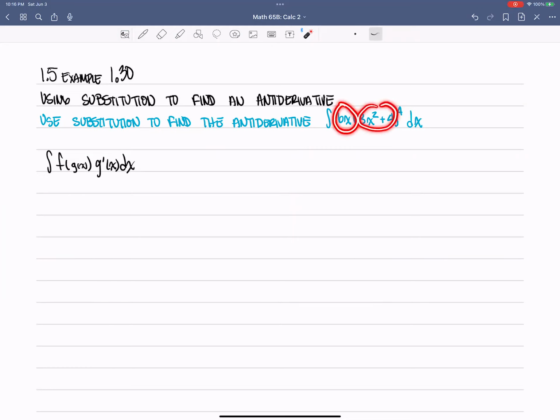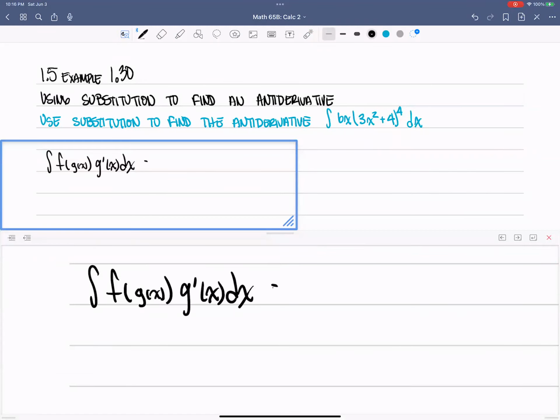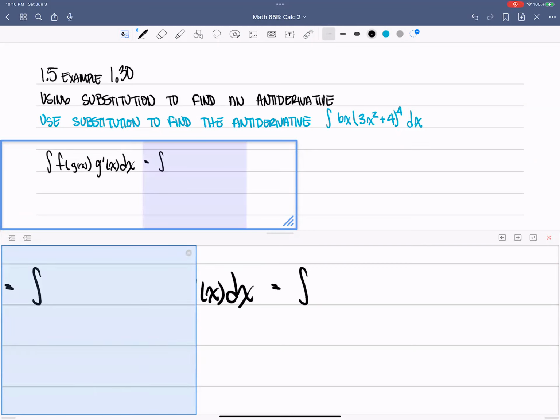Our outside function is going to be this out here. Let me finish the definition. This is equal to the integral of f of u du.